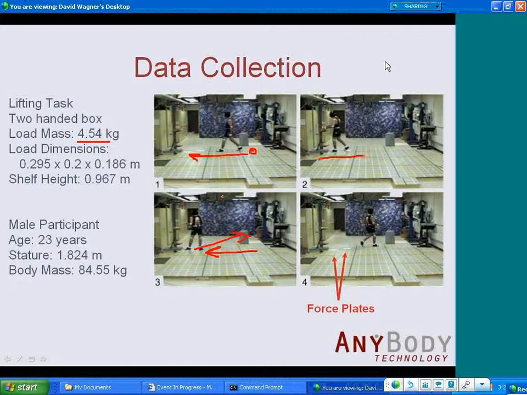We're really going to analyze numbers 2 and 3, these portions, and we have some custom force plates here to be able to apply some ground reaction forces to our AnyBody mannequin when we eventually get to that point.